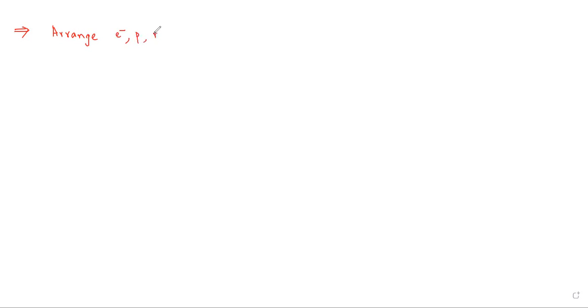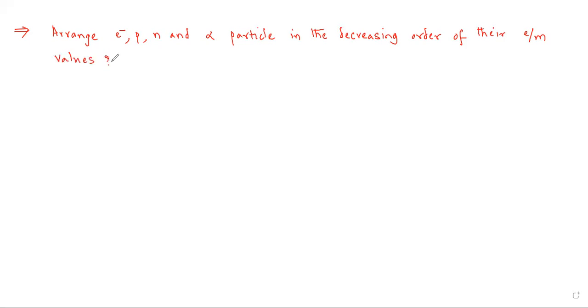Arrange electron, proton, neutron and alpha particle in the decreasing order of their E by M, I mean specific charge values. So this is very interesting.